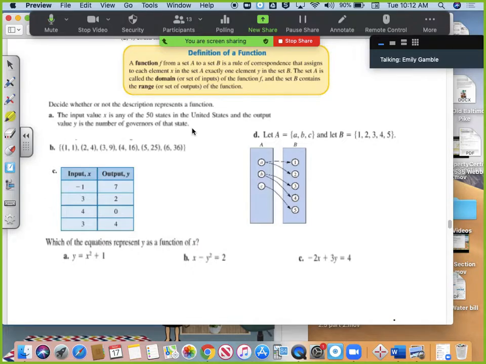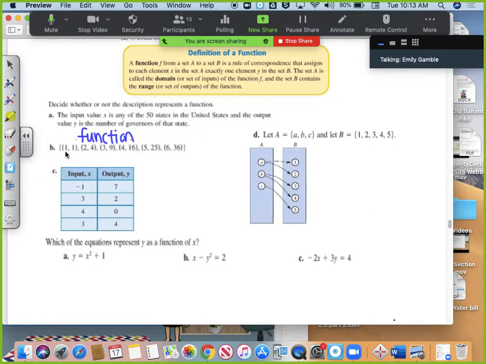Horizontal lines are okay. Horizontal lines are considered functions because they do have real slopes. So deciding whether or not this represents a function, letter A would be a function. And that's because if we were to graph this it would create a horizontal line, which is okay. The only time it's not okay is if it's a vertical line.